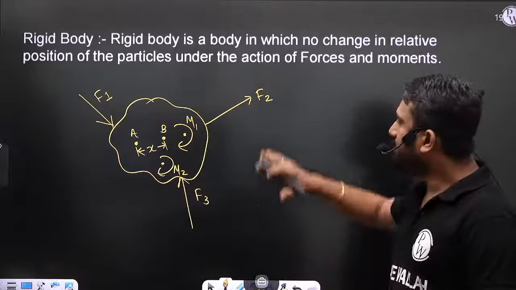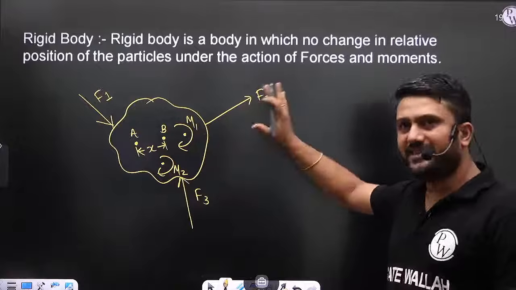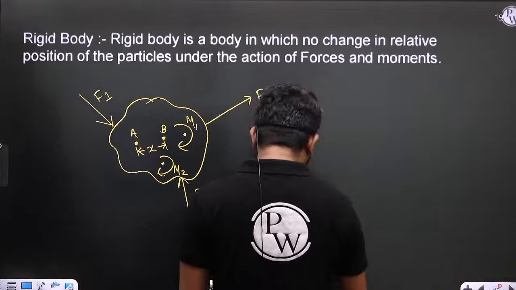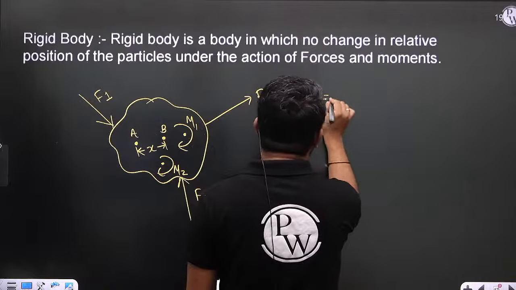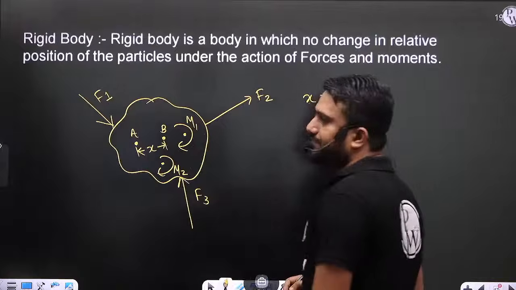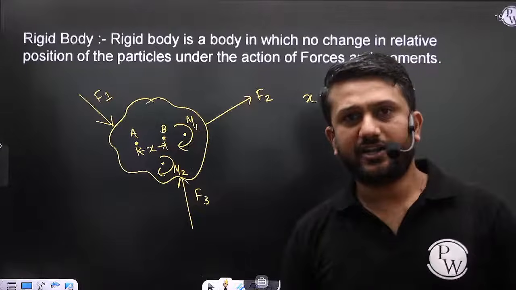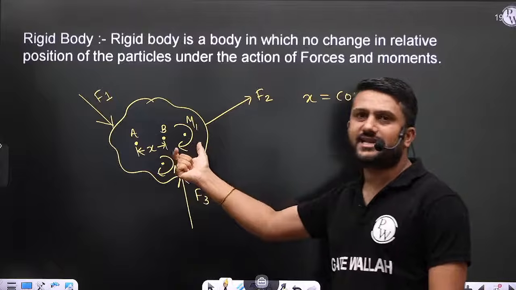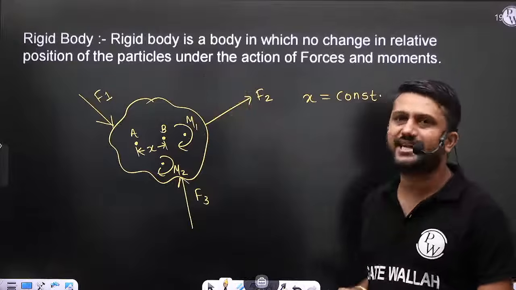Now, if this body is a rigid body, then x is constant. If this body is a rigid body, then the distance between two particles does not change under the action of the forces and moments.